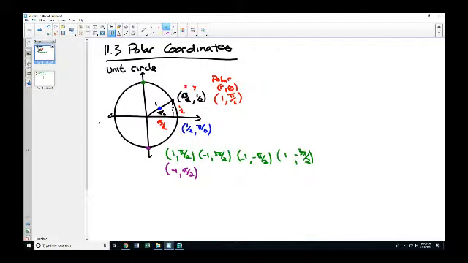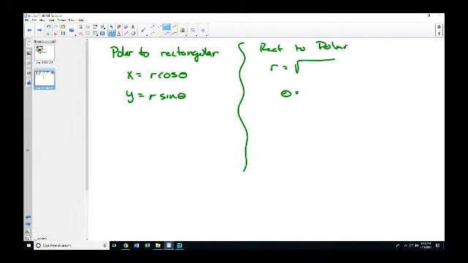So look at this triangle. What kind of triangle is it? Right, it's a right triangle. If you have x and y in a right triangle, how can you figure out r? Pythagorean theorem. So the radius is the square root of x squared plus y squared. Right? Pythagorean theorem.